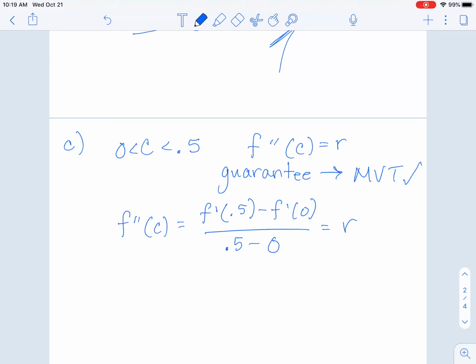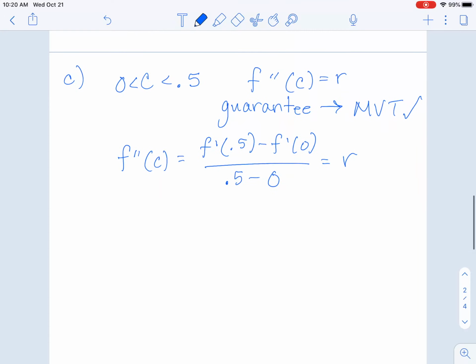If you did not mention mean value theorem, you did not get any points, okay? If you got R was 6, but you needed to get that extra point by putting mean value theorem, okay? But if they're asking for a guaranteed value of a first derivative, a second derivative, any kind of derivative, you've got to start thinking about mean value theorem, okay?